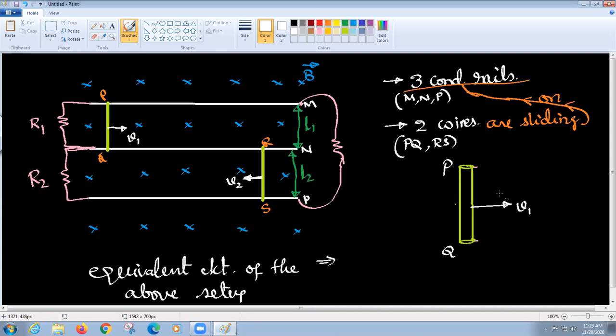It is moving with V1 like this, and the magnetic induction is into the board, B. Now you tell me, where would be the positive potential, at P or Q? P, sir. Obviously, you take your right hand, put your four fingers into the board, that is towards B, right thumb along V1. So you would find positive potential here, and negative potential here.